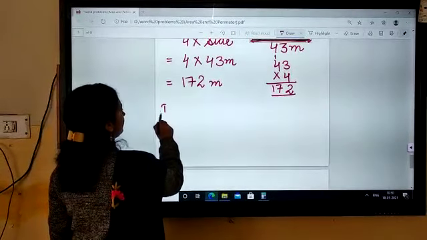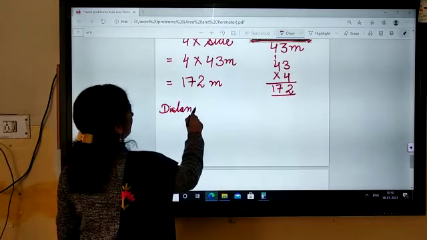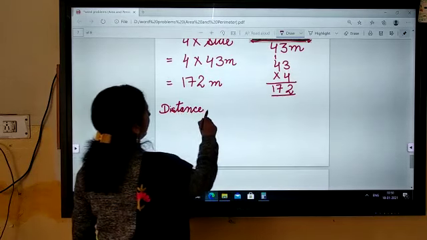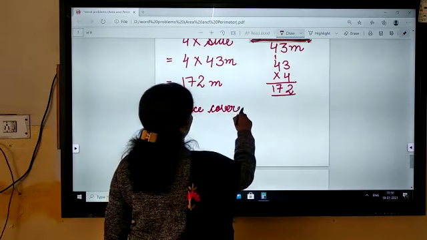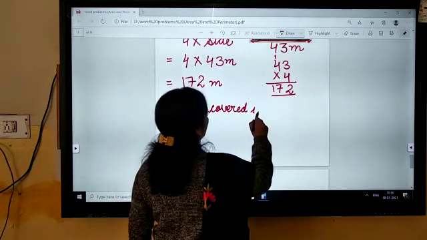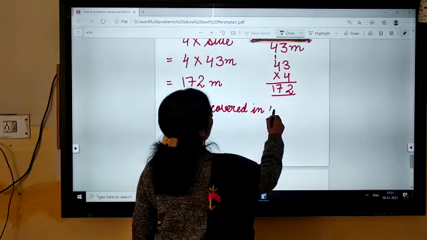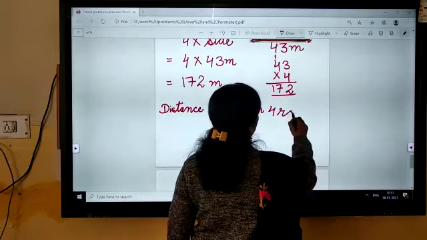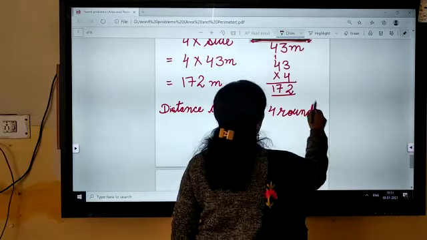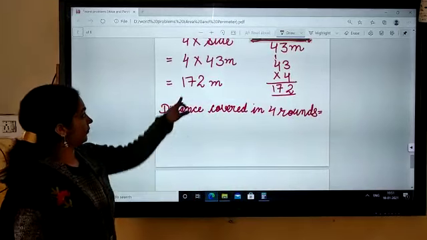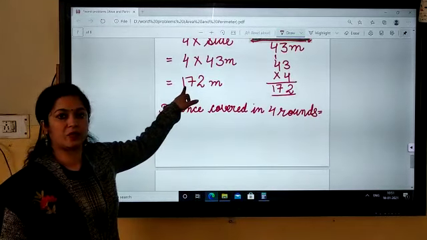Distance covered in four rounds will be equal to, he is covering the distance in one round equal to 172 meters.